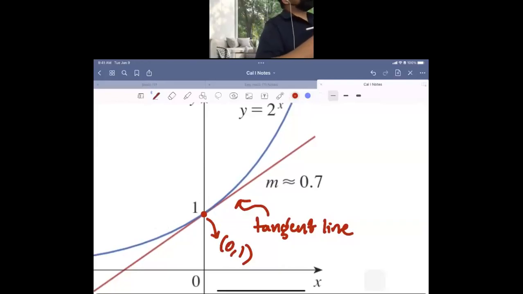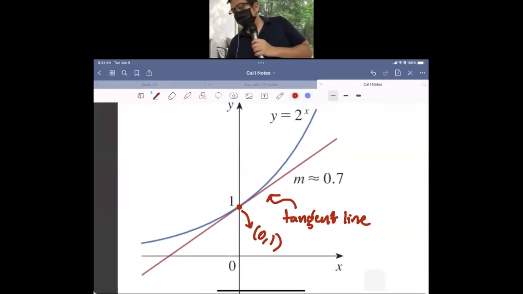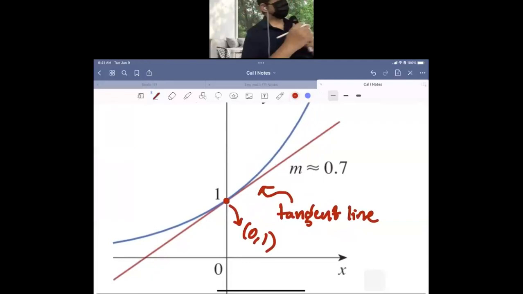Tangent means tangible, which means it's going to touch the curve exactly at that point, 0, 1. So here we make a line that has some gradient, and it starts at 0, 1, okay?